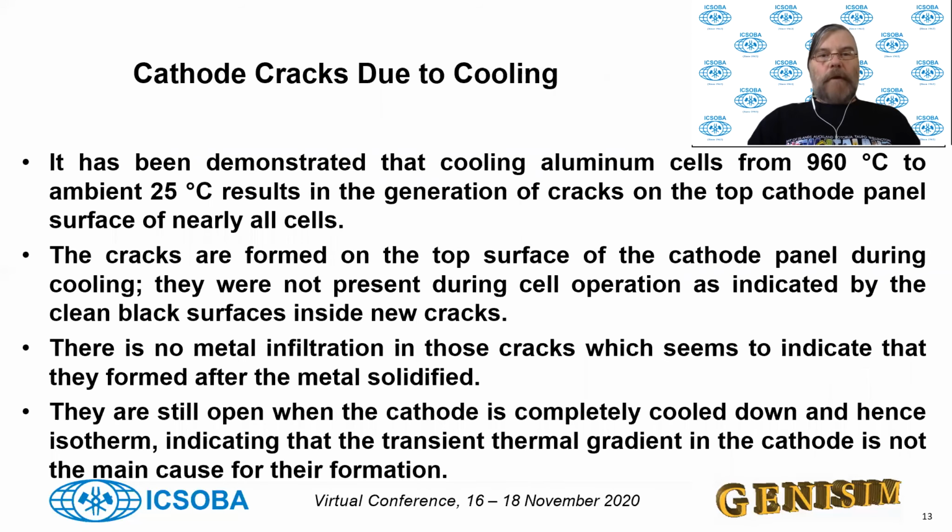Okay, now once we have reached the pot room temperature, or the ambient temperature, and then we remove the stuff in the pot and observe the surface, we can see cooling cracks.